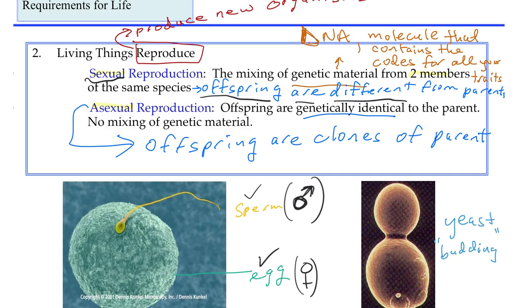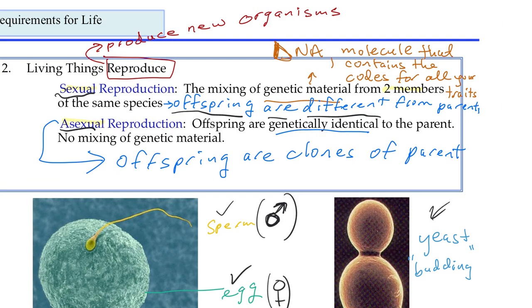Whereas asexual reproduction produces genetically identical clones of the parents, meaning that the child produced is an identical twin of the parent. Of course, we don't do that, but yeast and bacteria and many protozoans do that, as can plants.